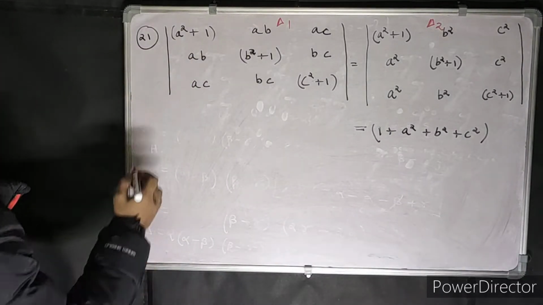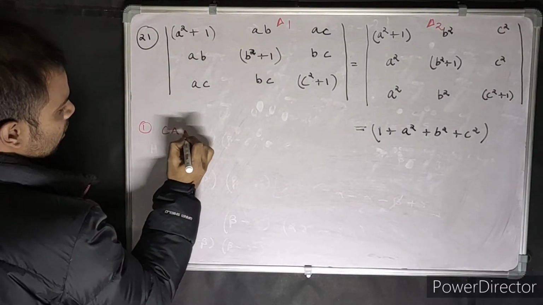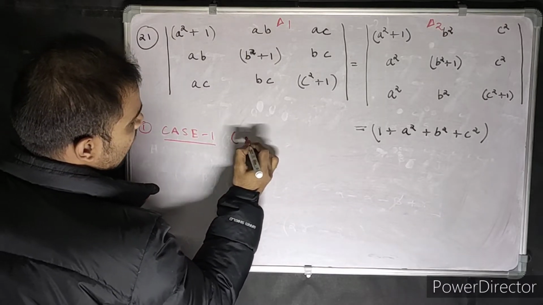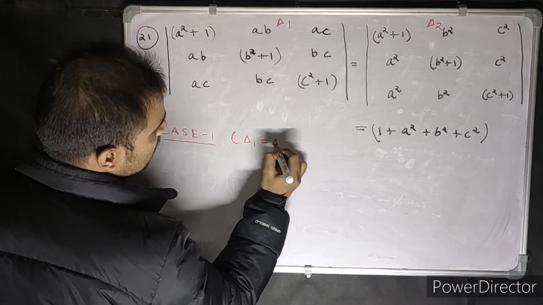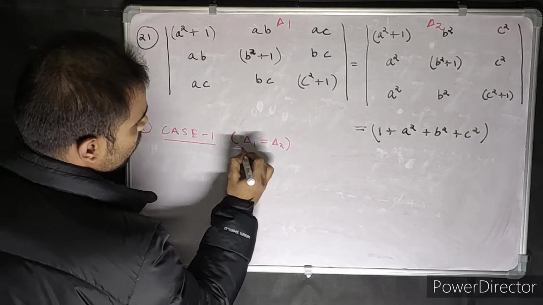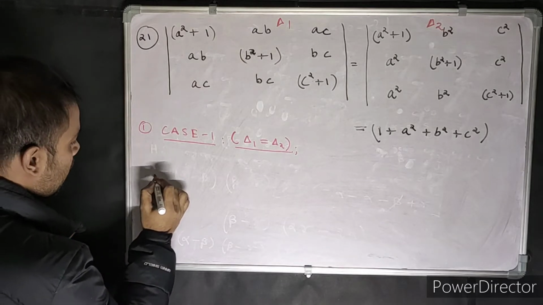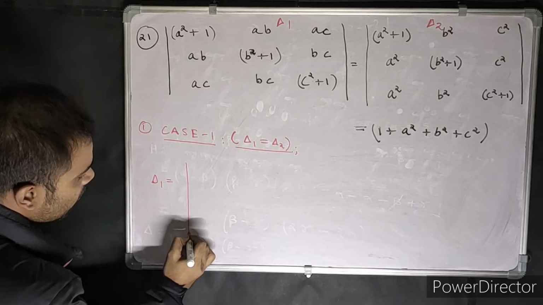So let's start with case 1. Write case 1, you have to prove that determinant 1 is equal to determinant 2. That is your case 1. Alright, so let's start proving. Write the determinant 1 first.